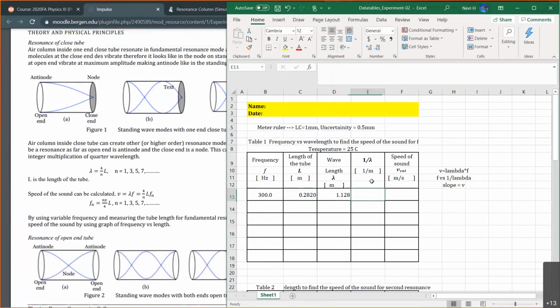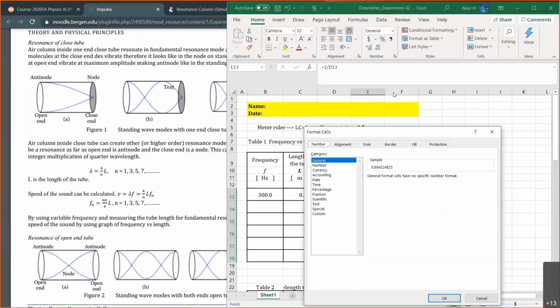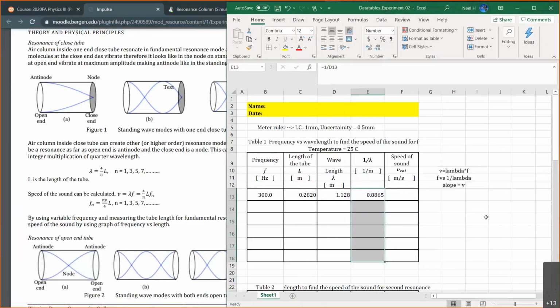And then we can do 1 over lambda equal 1 divided by lambda calculated. Since that is a calculation in the middle, you can have a little bit more decimal places. That's okay, because that is not our end calculation. Otherwise, round it to 4 significant figures. There's no meaning having more than 4, right? So let's do 4 sig figs.